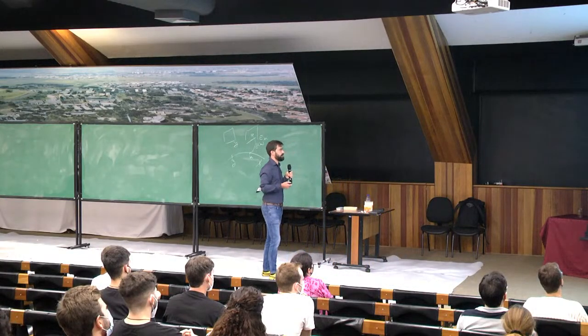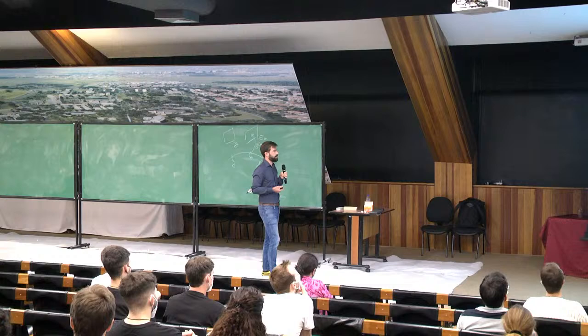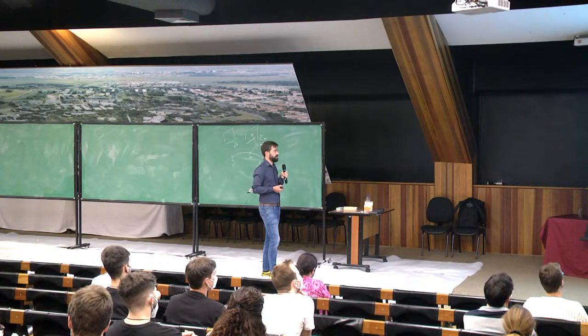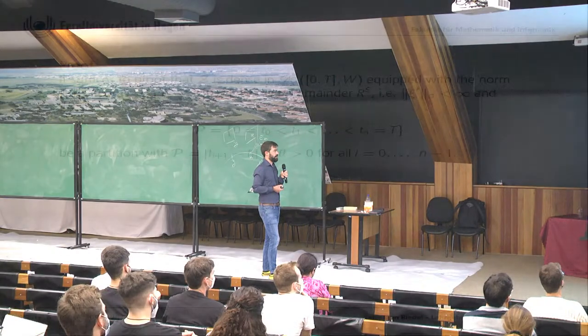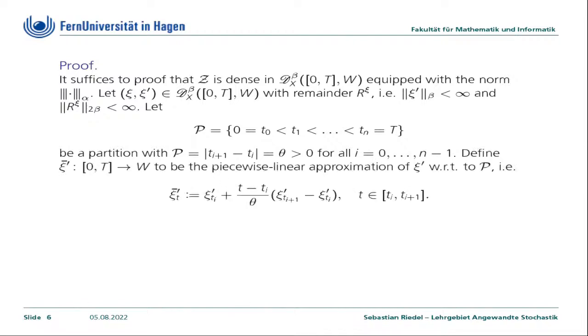So we started this. Let me walk you through it quickly now. We fixed a partition that has a certain mesh size theta, which we want to send to 0 at some point. Then we approximate a given path in the space D beta.